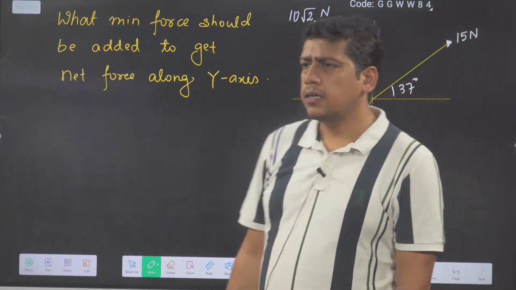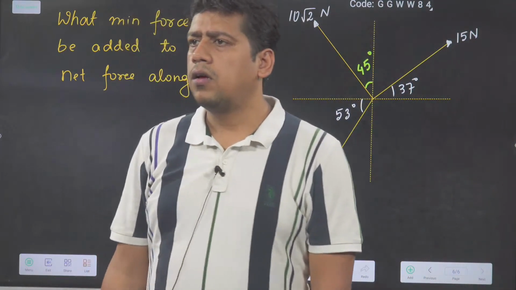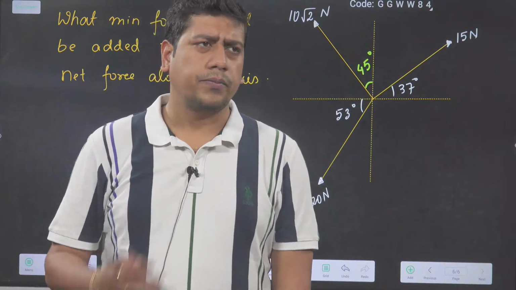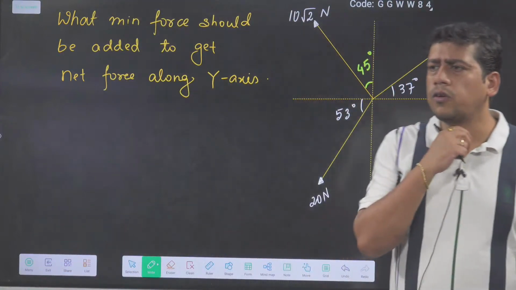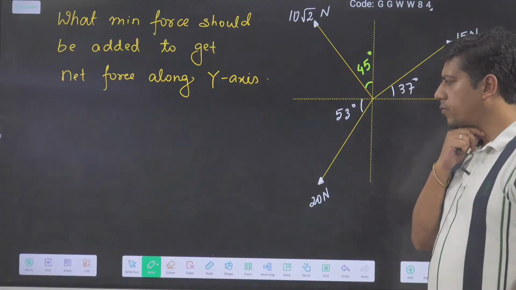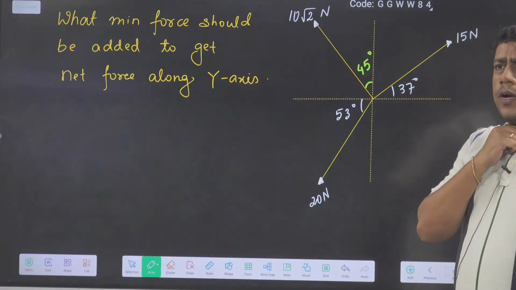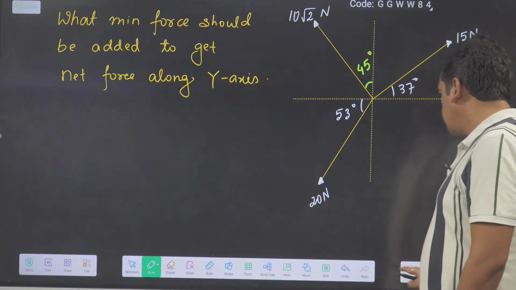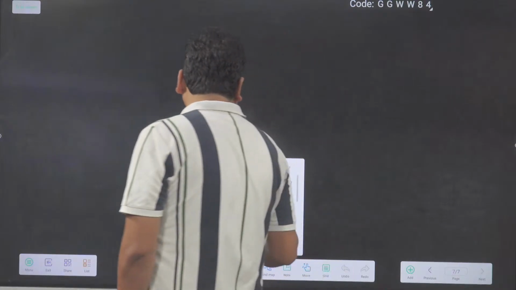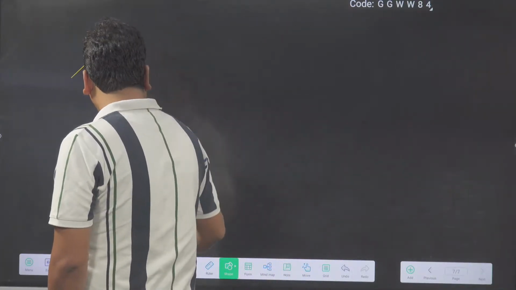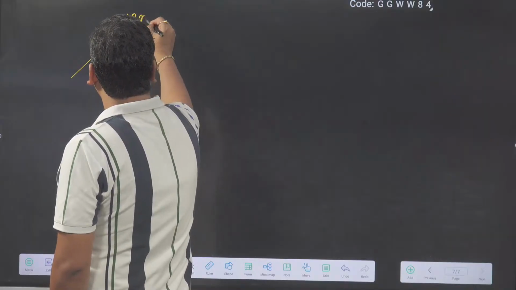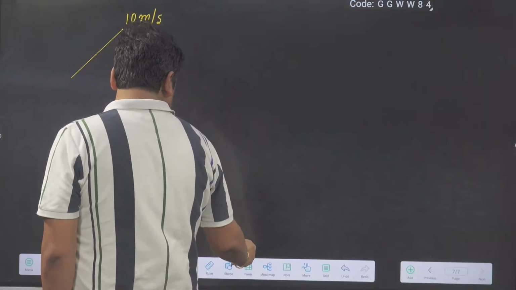Are we back? Okay. Should we solve an easy question first? Should I tell you how to find the components? Like in projectile motion, you will get this is 10 meter per second.